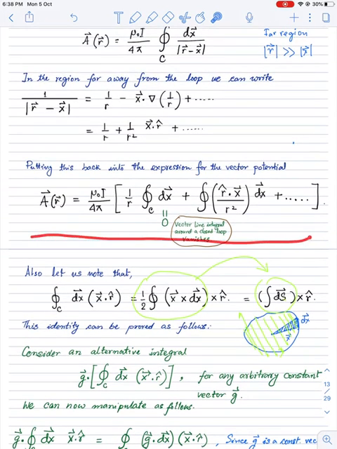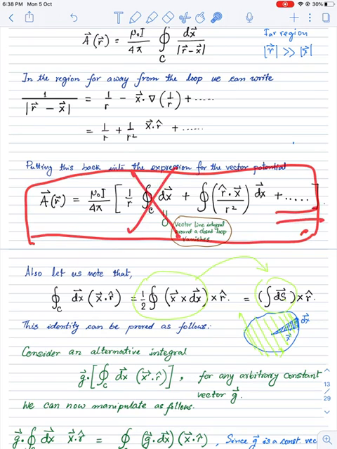This is our conclusion. Now let's look back at what we had. We had the vector potential given by these two terms plus higher order terms.